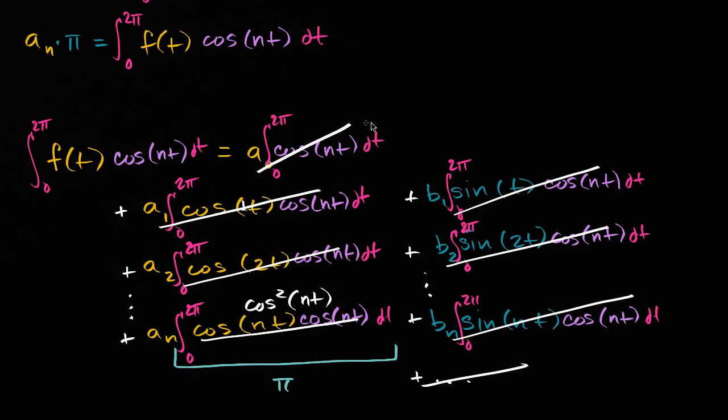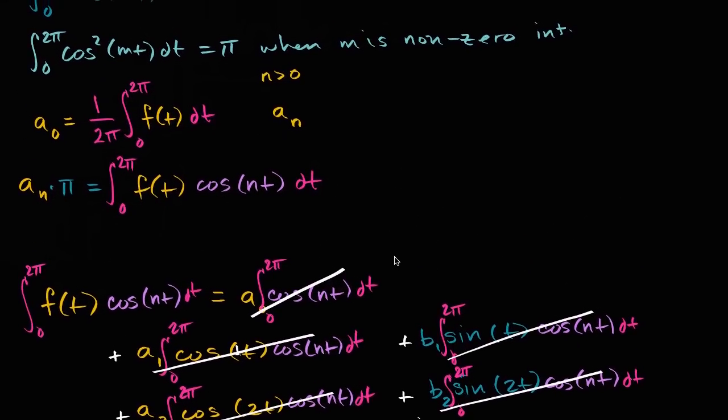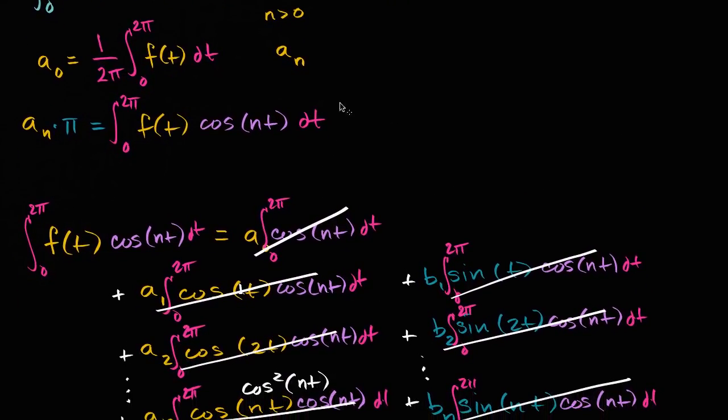And so we can now solve for a sub n. We just divide both sides by pi, and we get, I think we deserve a little bit of a drum roll, a sub n is equal to 1 over pi times the definite integral from 0 to 2 pi of f of t cosine nt dt.